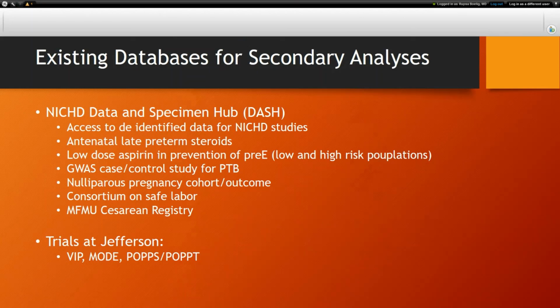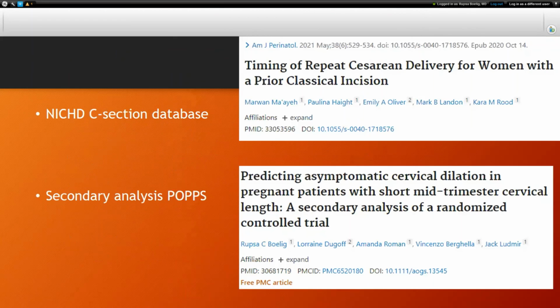MODE was looking at interventions relating to mode of induction of labor in high-risk singletons, and then POPS and POPT were looking at pessary in singletons and twins. So these are all studies that we led or were part of, and so you could have access to those databases.